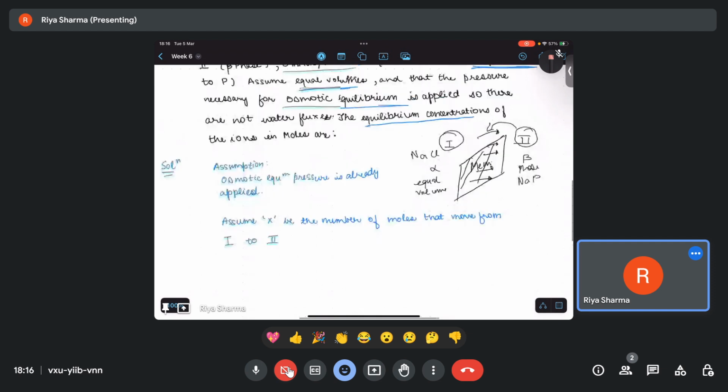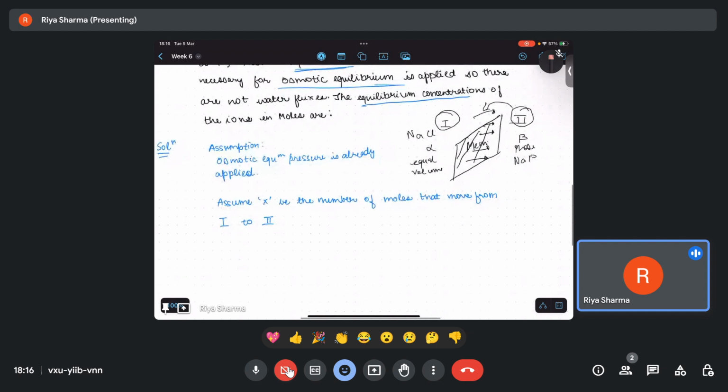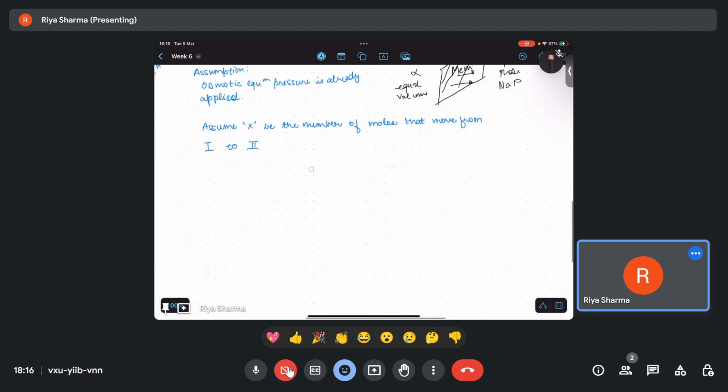Initially they were at equilibrium, so there will be one concentration of Na, and these are things which are already present.